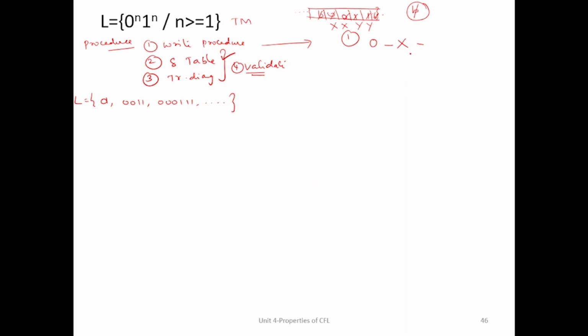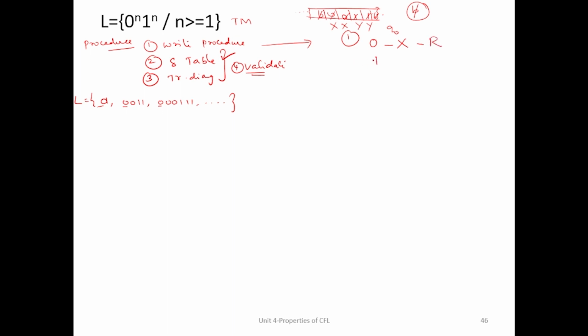So I write the procedure: the initial state is Q0, and the first symbol on the tape is only 0. You just check it out. All the strings should contain 0 first. If the control head reads 0 on the input tape, then the 0 will be replaced with X, and I want to check for 1, so I want to go in the right direction.